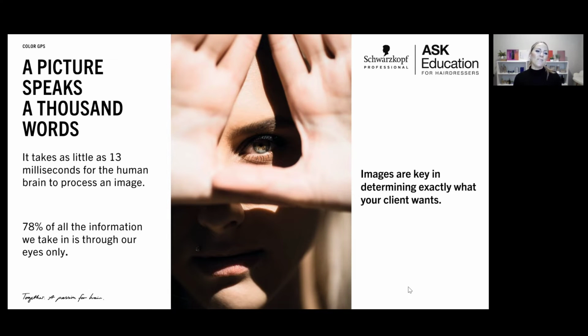Some interesting fun facts: it takes as little as 13 milliseconds for the human brain to process an image. This is why, of course, we say a picture speaks 1,000 words, because it's so effective as opposed to just describing what we want. And even bringing out swatches is not a bad idea. Looking at a picture and then identifying a certain tone direction on a swatch. Bring that swatch out.